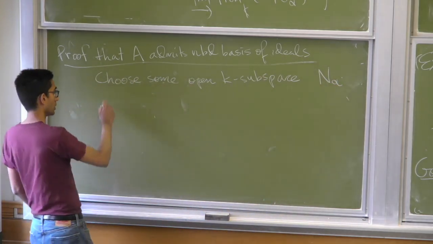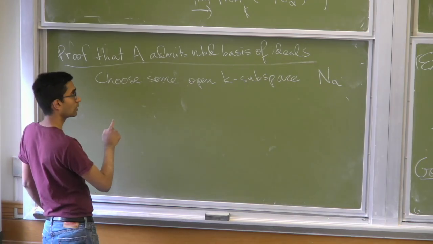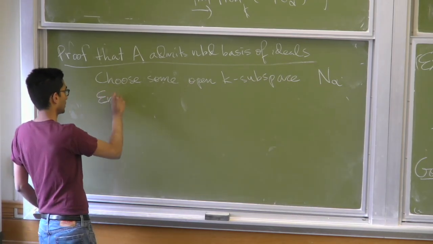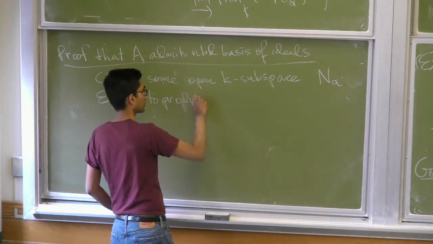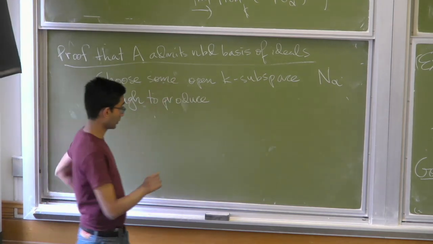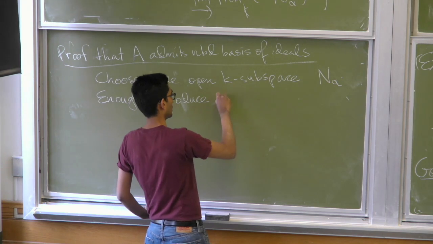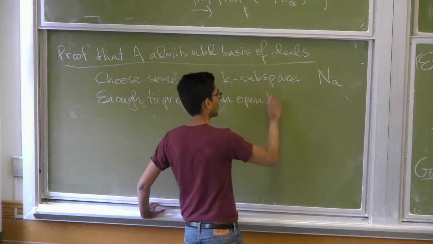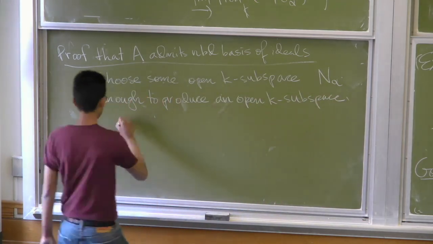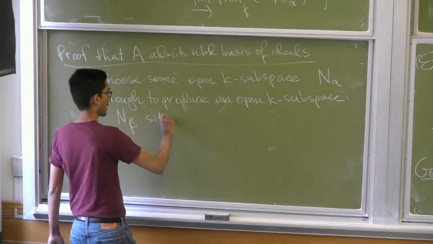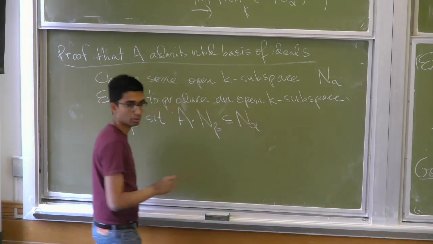What we need to do is produce an open K subspace N sub beta such that A times N sub beta is contained in N sub alpha.